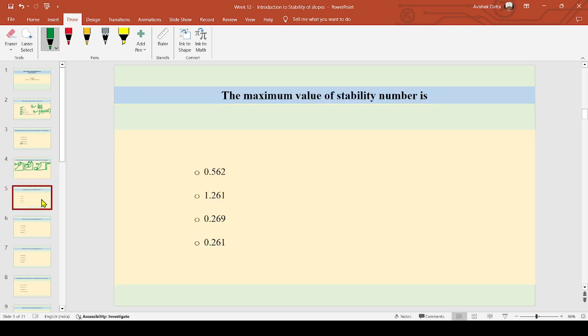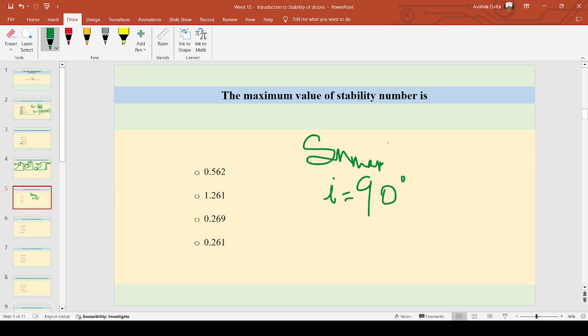The maximum value of stability number is. In this stability number question, the maximum value is given in the Taylor stability chart. It states that the maximum value, Sn max, will be obtained for a slope angle of 90 degrees.